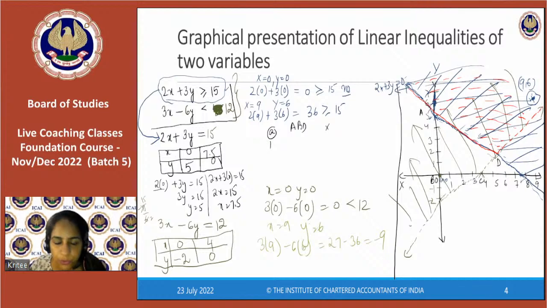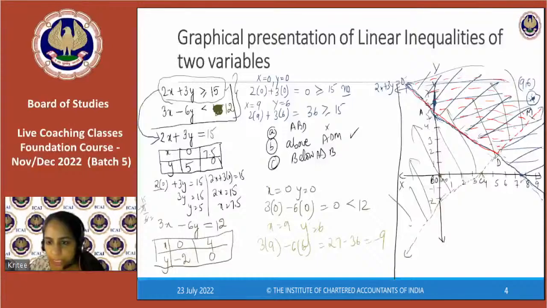The answer is no. If this is D and this is supposedly M, we will say above ADM. So above ADM, you will say yes. Below ADX, supposedly this is X, you will say no. It's like this. We will ask you that range in the question itself. Okay.